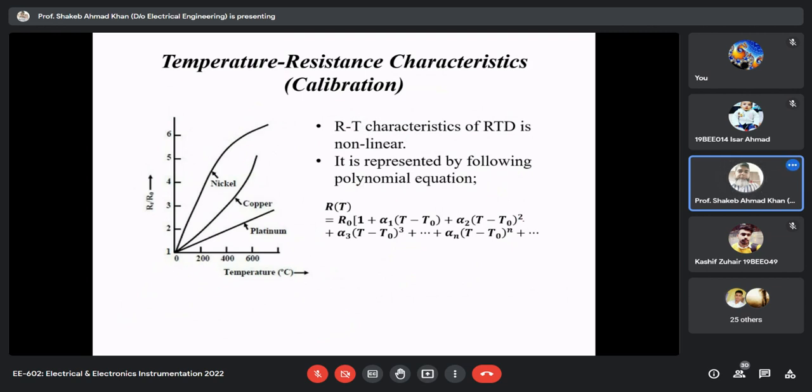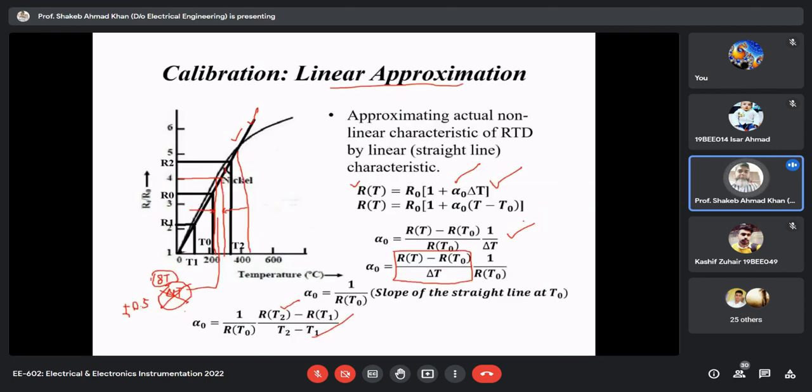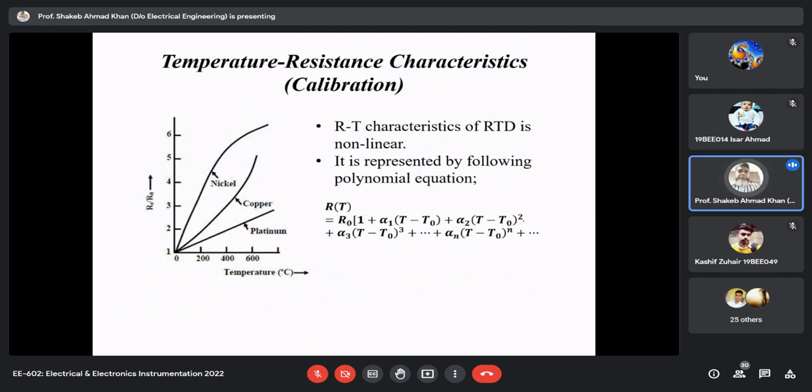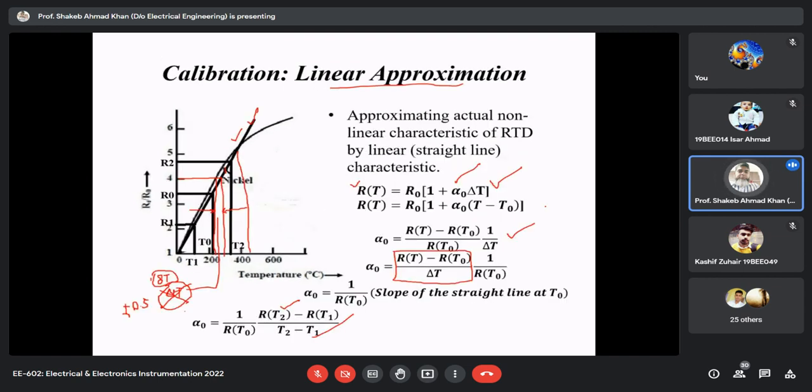This relationship is actually non-linear, so it will be better represented by a non-linear equation. When you take up the next term, it will be called the quadratic approximation, and the quadratic approximation is obviously a non-linear approximation.